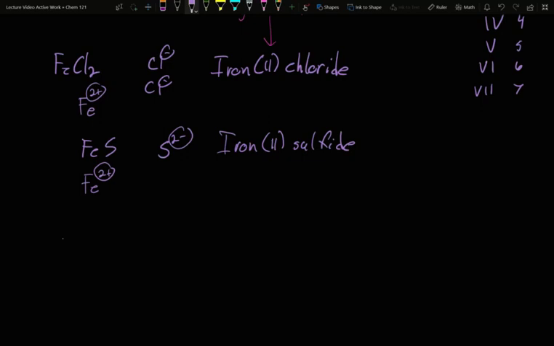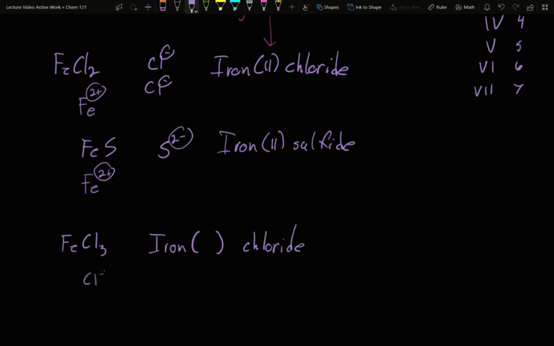Whereas it makes a difference then when we had FeCl3. Well, how would we name that? It's going to be some type of iron. It's going to have a charge. The anion is a chloride. But what charge is on the iron?